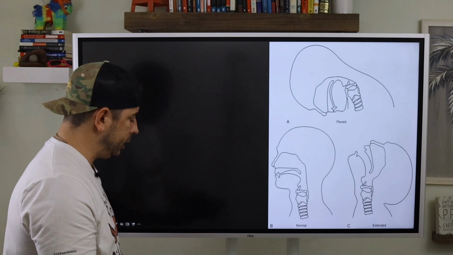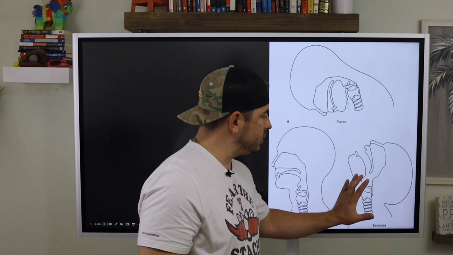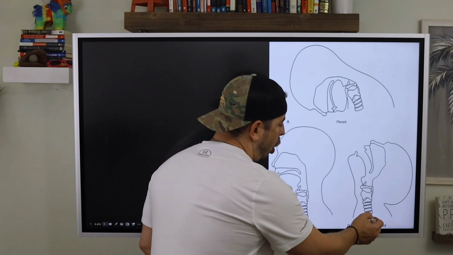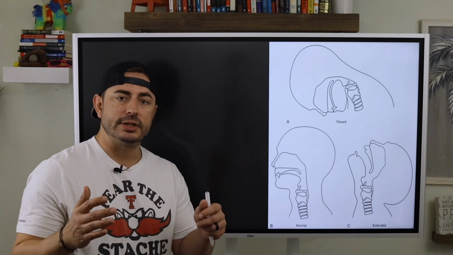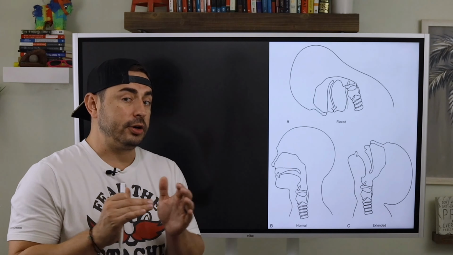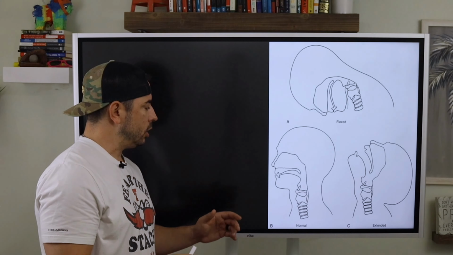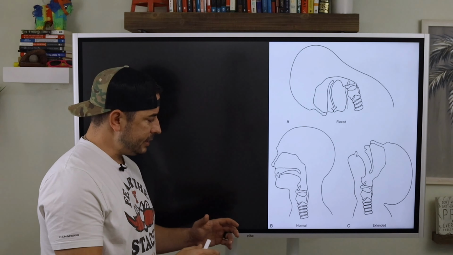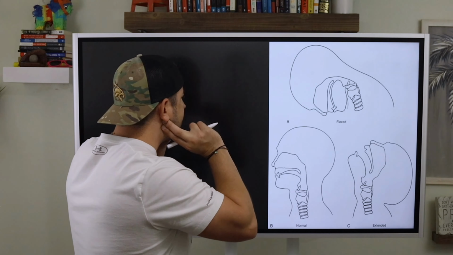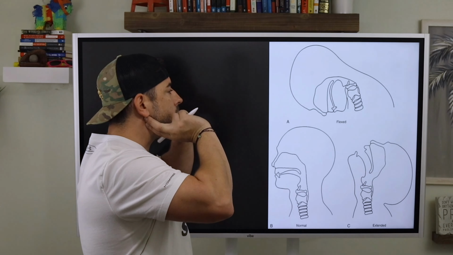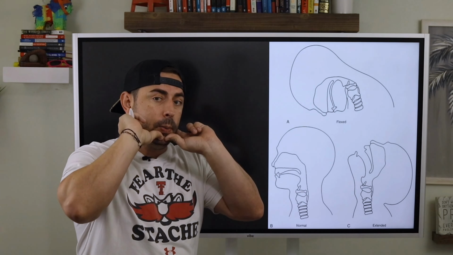So not only do we need to be proficient with getting patients into a sniffing position to open up this airway, but we also need to be aware of patients that have or are suspected to have a cervical spine injury, so that we can take our index finger and middle finger and push that forward. At the same time, we're going to push down with our thumbs to open up the mouth.